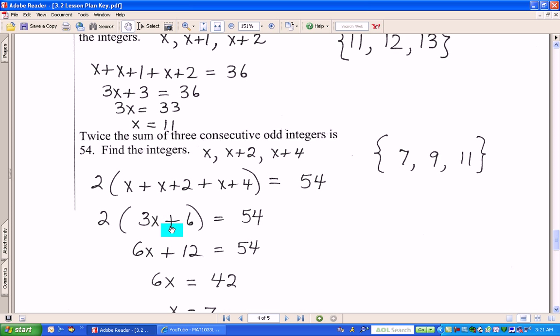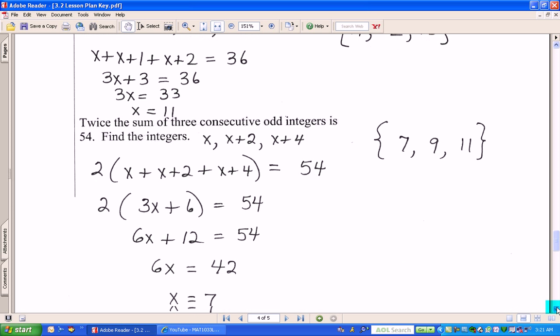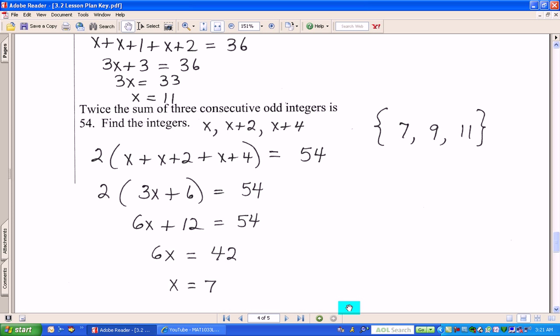I collect like terms inside the parentheses first, which results in 3x plus 6. When I distribute this 2, finally, I get 6x plus 12 equals 54. When I subtract 12 from both sides of the equation, I get that 6x equals 42. When I divide both sides of the equation by 6, this results in x equals 7.